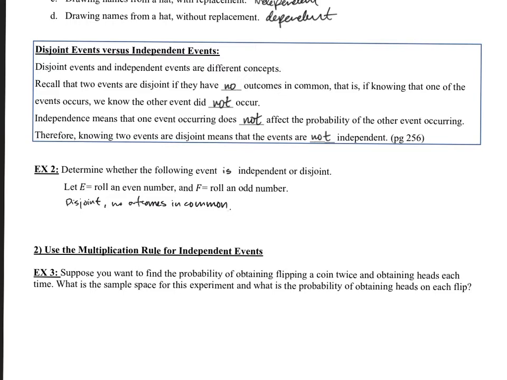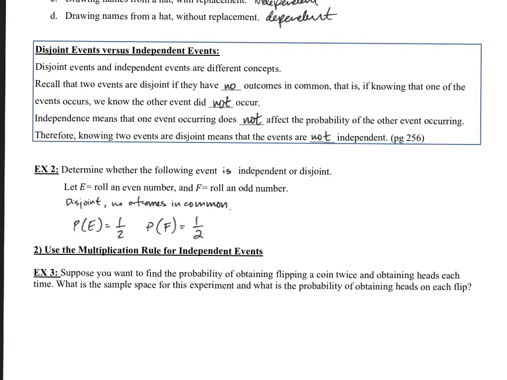And the probability of rolling an even number from a die would be half. And the probability of rolling an odd number from a die would also be a half. However, if we're told that the roll of the die is going to be an even number, then what's the probability of seeing the event F?